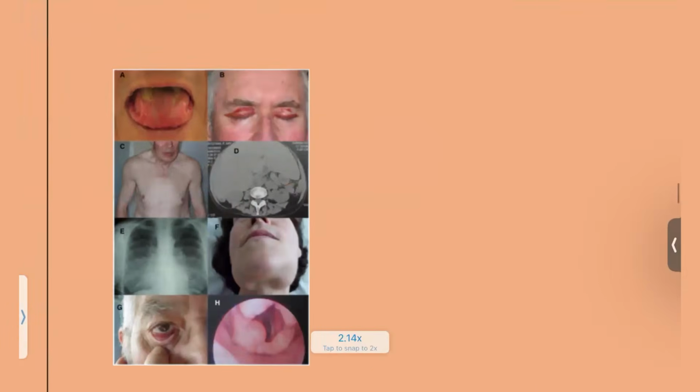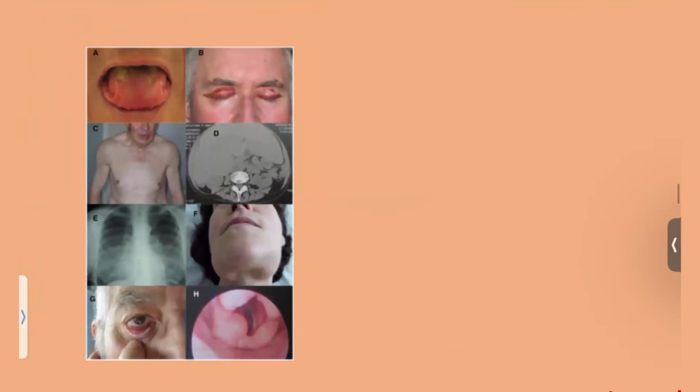Next, from this picture, what do you understand, guys? This is the classic condition of amyloidosis. The most common amyloidosis is the secondary type, seen with the AA amyloid protein.